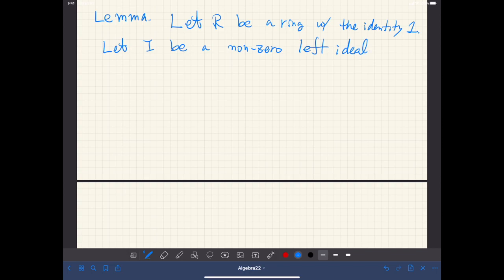By the way, the zero ideal means the ideal consisting of only the zero element. So in this case, I is supposed to be a non-zero left ideal, so it contains something more than just the zero element.